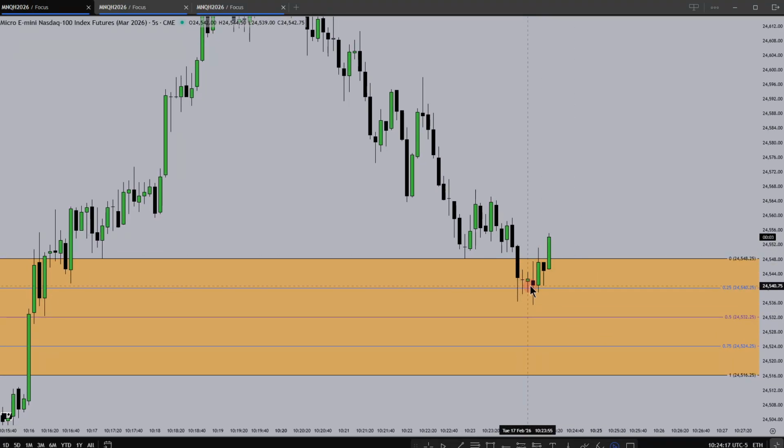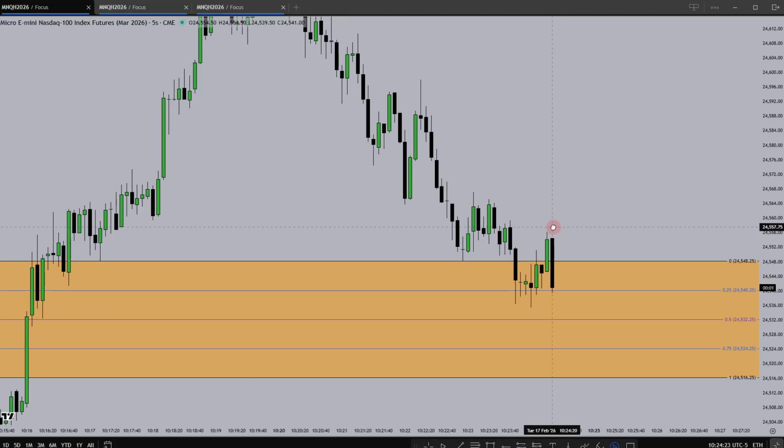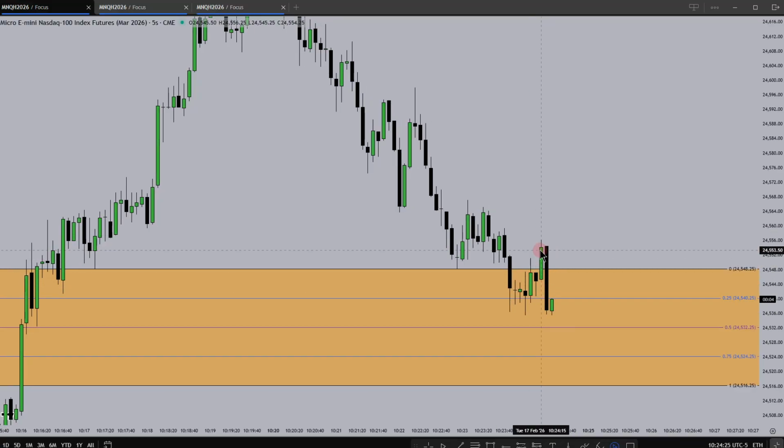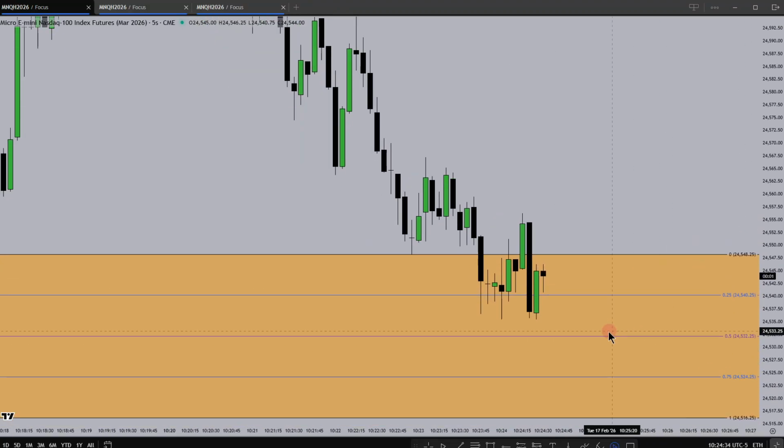So currently we're failing to close under the upper quadrant. Now we close under this range. Now you want to see if we closed under the upper quadrant. Now you want to see if we stay within the range of the fair value gap and trade towards the midpoint.